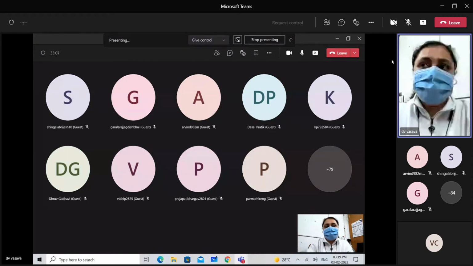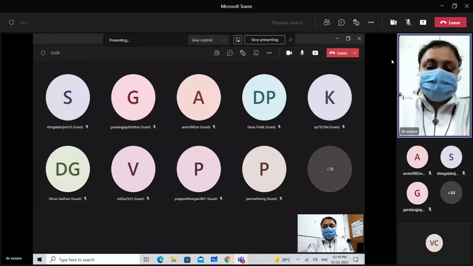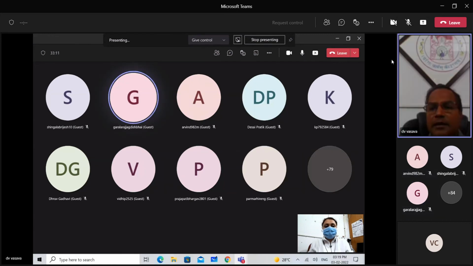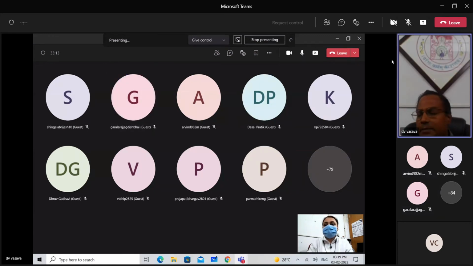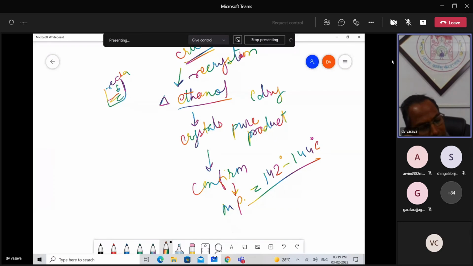Is it clear for everyone? Yes, sir. Yes. The reaction mechanism and the procedure of the acetophenone.